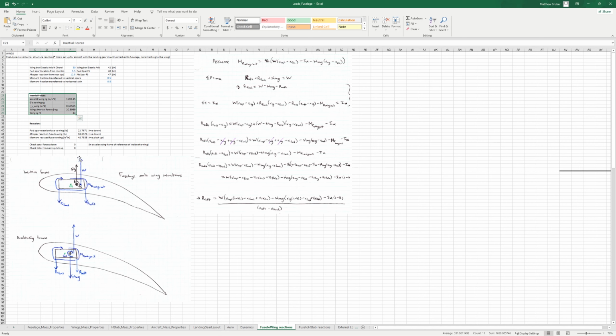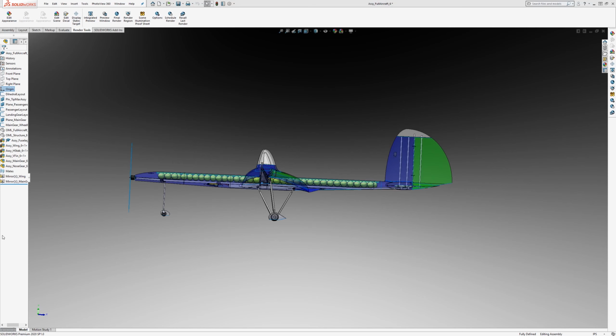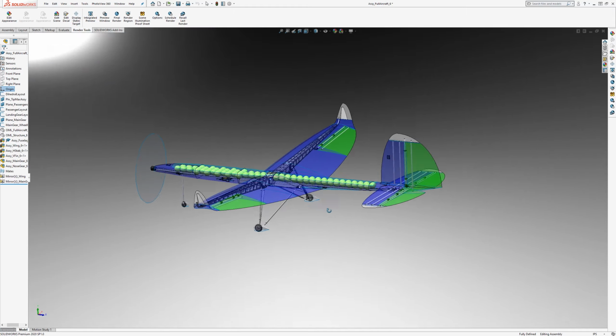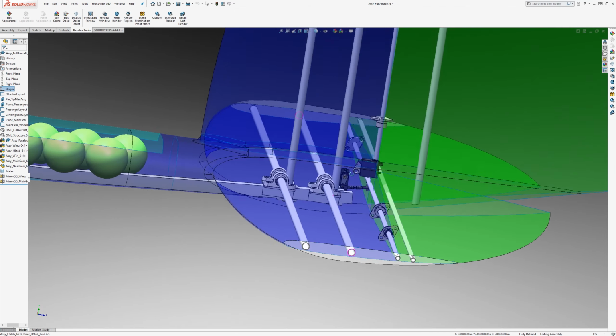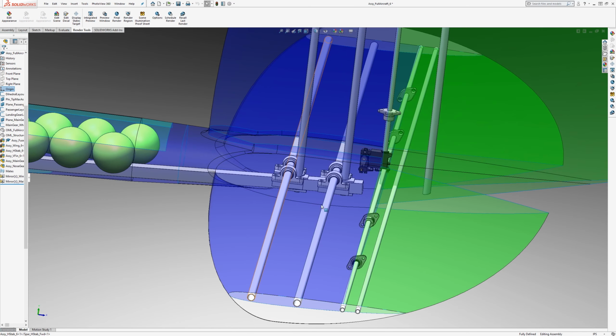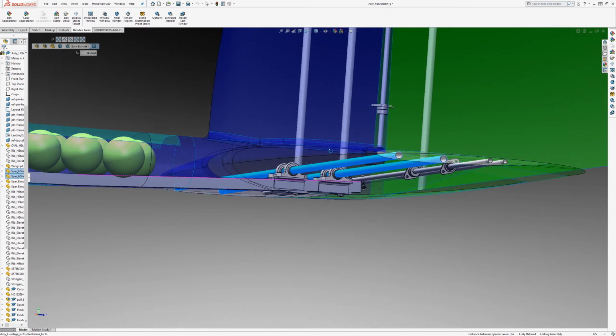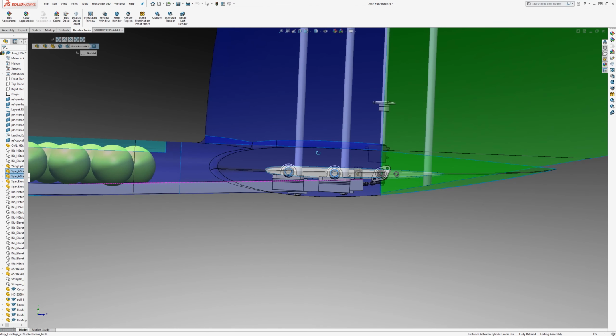So the two ways that it could happen would be, if we look at two extremes, the HStab is one extreme where these are the two spars, and if the lift of the HStab is right in the middle between those two spars, then we can tell that each spar will have an equal reaction.